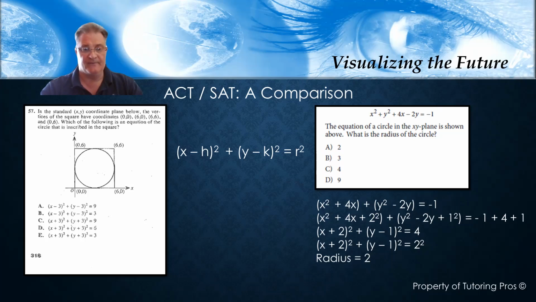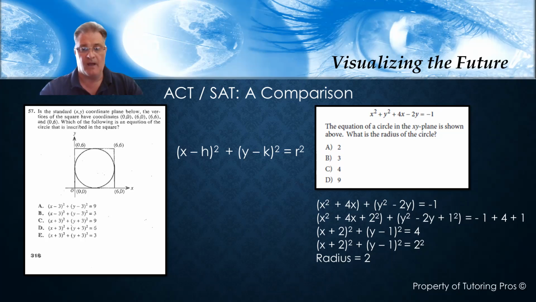Therefore, it's going to be answer choice A and not answer choice C, because answer choice C has +3 and +3, and that moves the circle to a different direction. Okay, even though it took me a little bit to explain that, notice how easy that is to get to it.